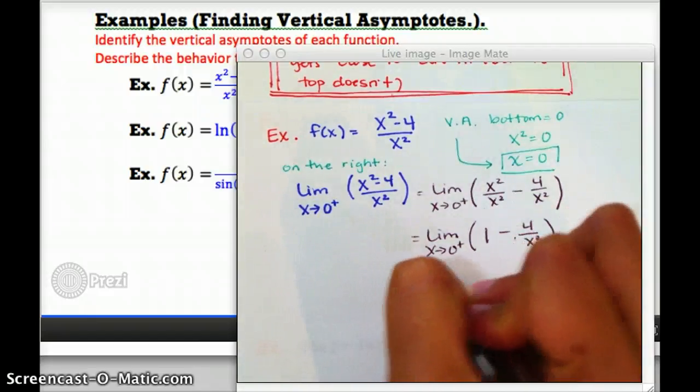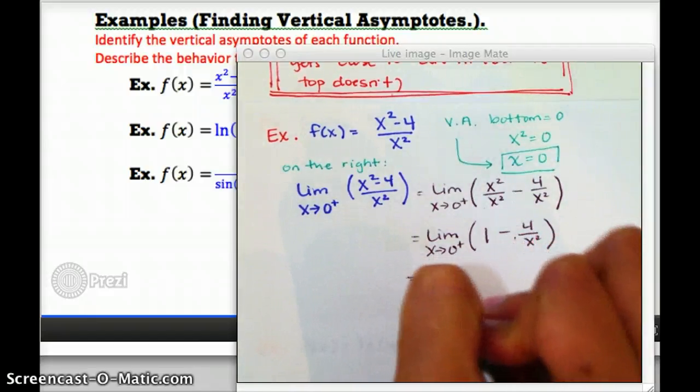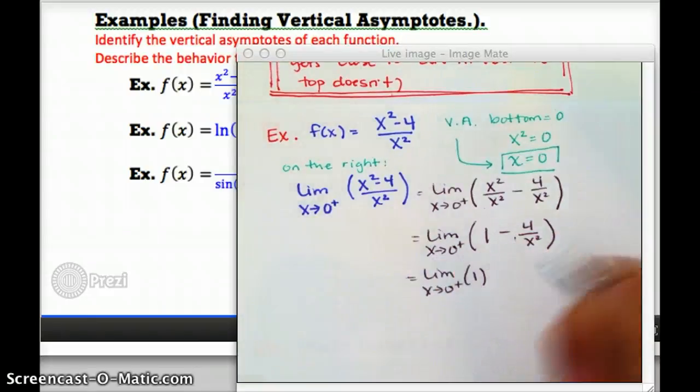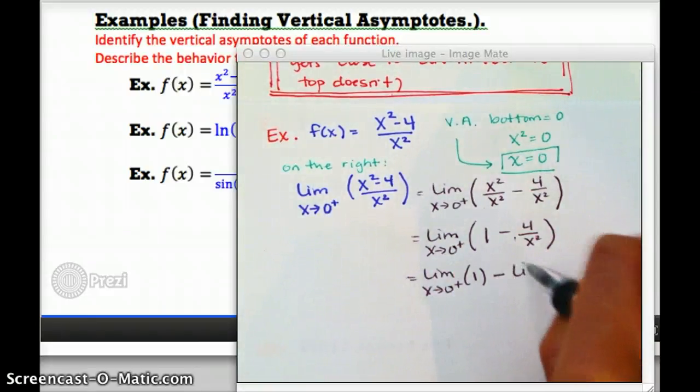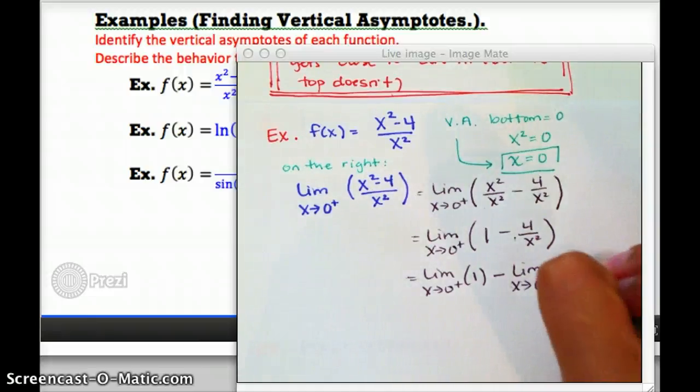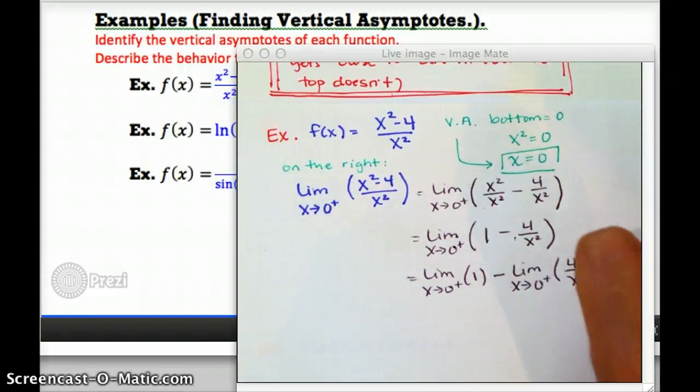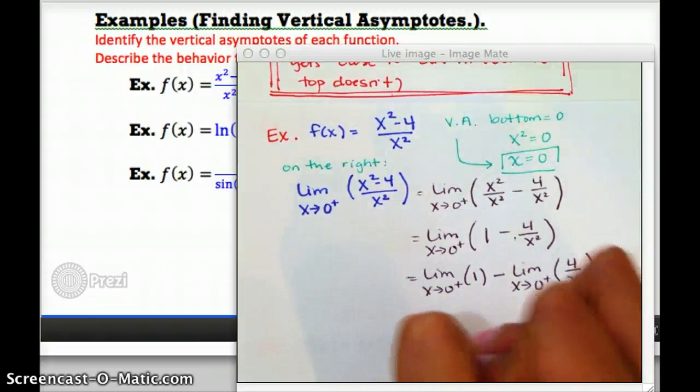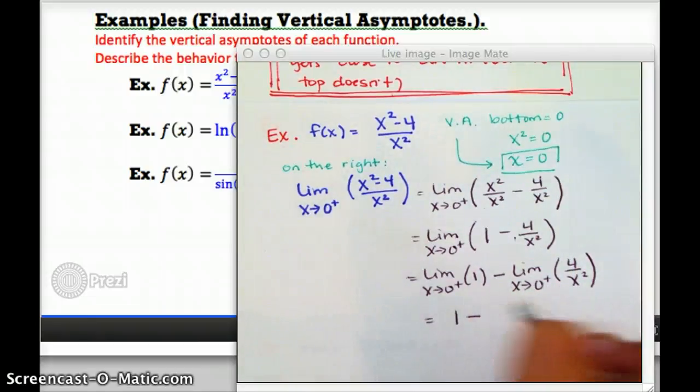To show my work, I would write the limit as x approaches 0 from the positive side of 1 minus the limit as x approaches 0 from the positive side of 4 over x squared. And this gives me something like 1 minus infinity.